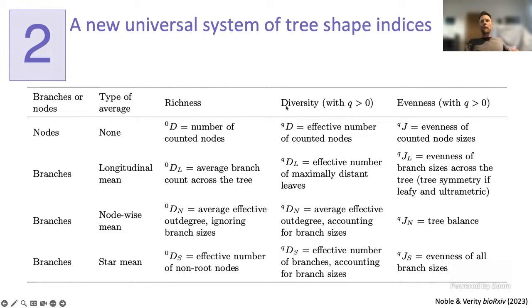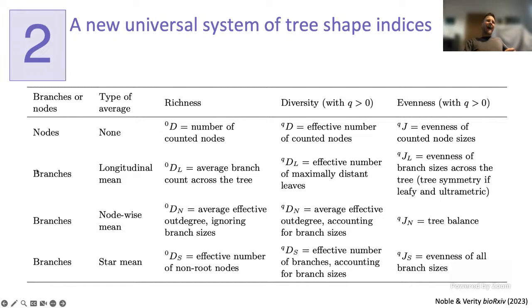Second one, how many there are accounting for their sizes. And the third one, evenness. So how even are these things in terms of their sizes? And what you can do is you can just discard all the tree information, and then what you recover are classic richness, diversity, and evenness indices, such as Shannon diversity.